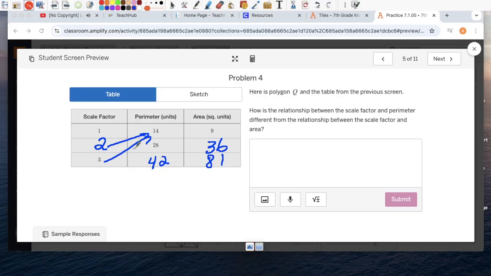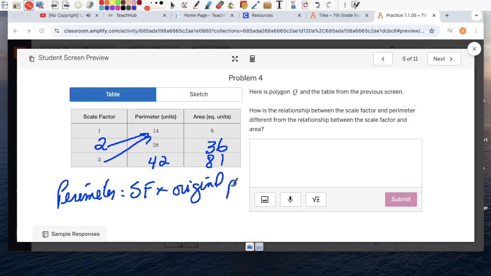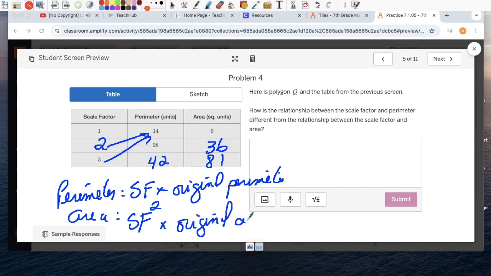So to find the perimeter, we wrote this in class, it's the scale factor times the original perimeter. To find the area, we take the scale factor, raise it to the second power, and then multiply by the original area. So that's the difference. Okay?